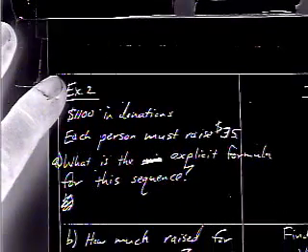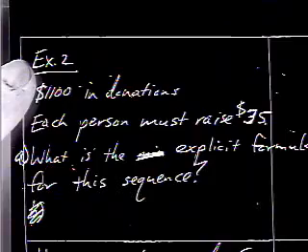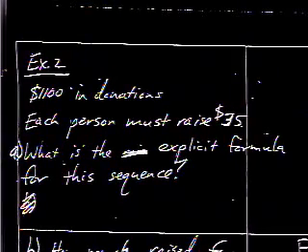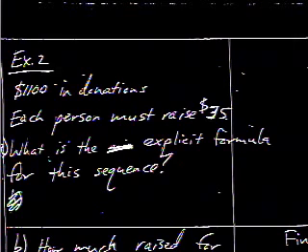So in example 2, it's a fundraising situation. This particular organization has already raised $1,100 in donations, but they're telling everybody in their group that they must also raise $35 per person. So what's an explicit formula for that sequence?